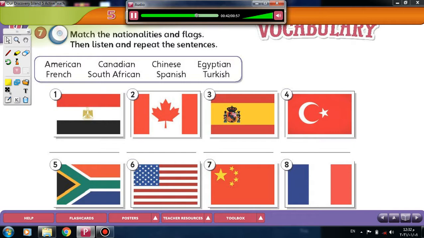6, It's the American flag. Right, number 6, American. 7, It's the Chinese flag. 7, Chinese. 8, It's the French flag.